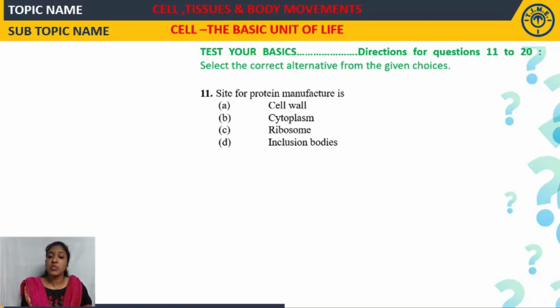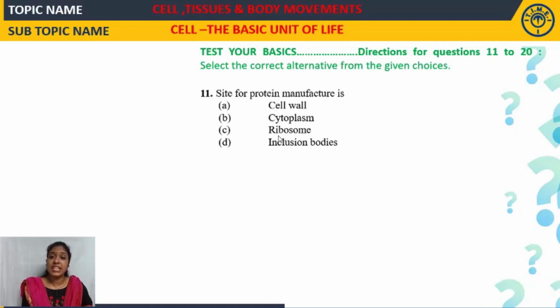Then what about C, ribosome? What is the role of ribosome? Ribosomes are non-membrane bound spherical bodies scattered in the cytoplasm, seen in both prokaryotic and eukaryotic organisms. Their function is protein synthesis.